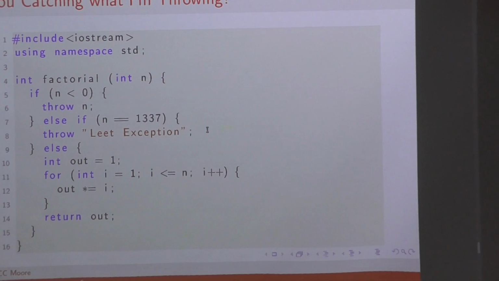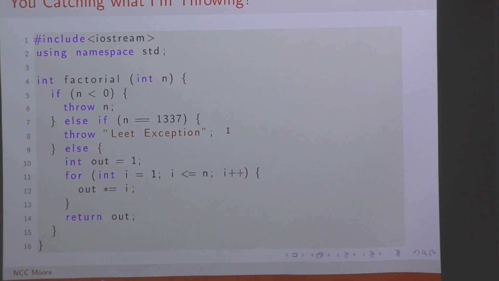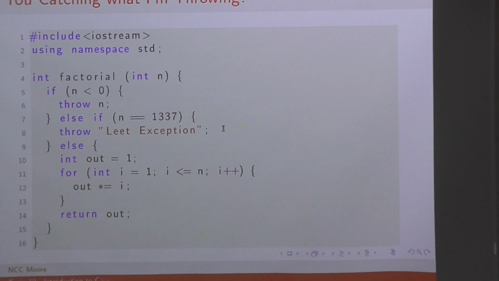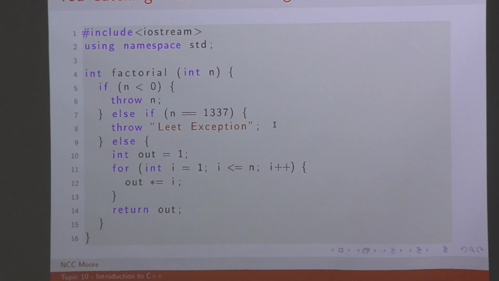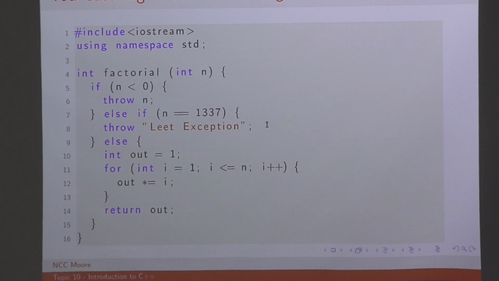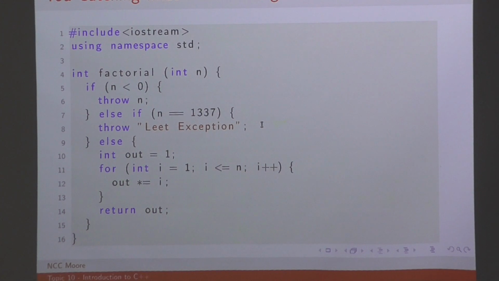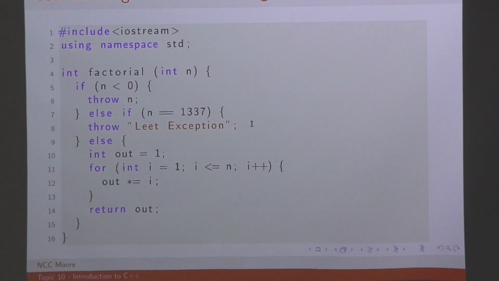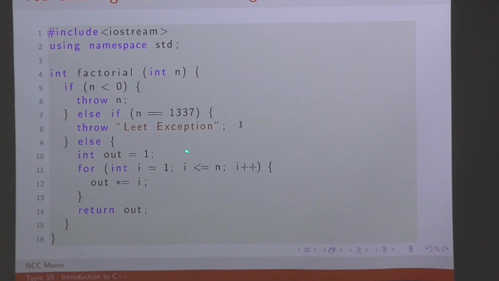So if the factorial function receives a negative number, it basically says, I don't want this, and it throws it back. And the thing it's throwing back is the negative number that was the failed input, right? Which, if you think about it, could actually be a lot more useful than the way Python does things, just saying.